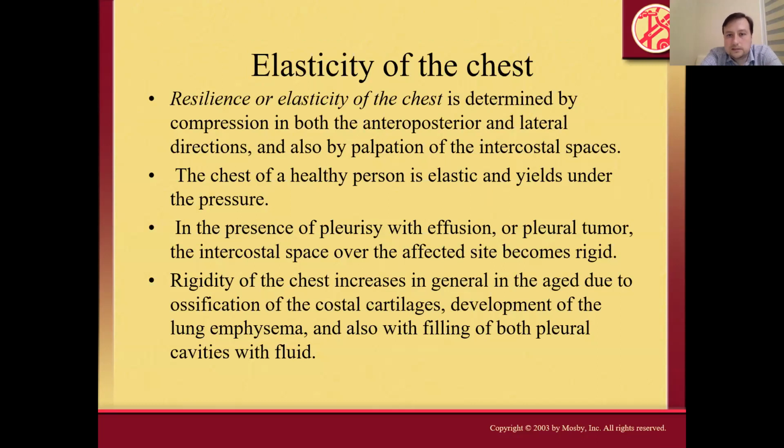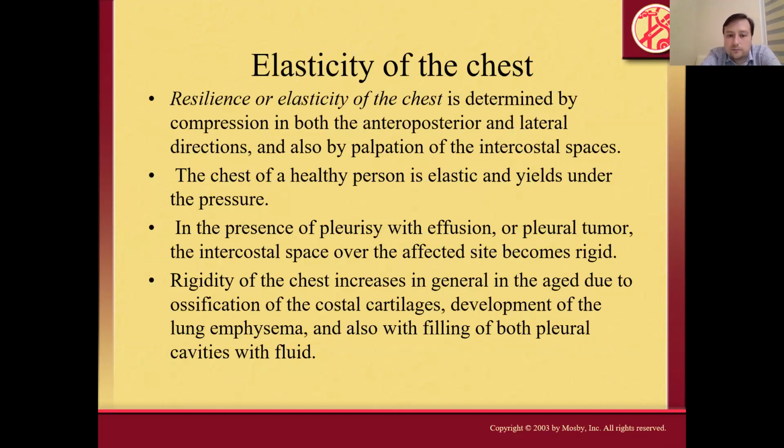Next step, elasticity of the chest. To find elasticity of the chest, what do we need to do? We compress the chest in anterior, posterior, and lateral directions and palpate the intercostal spaces. The chest of a healthy person is elastic and yields under pressure.